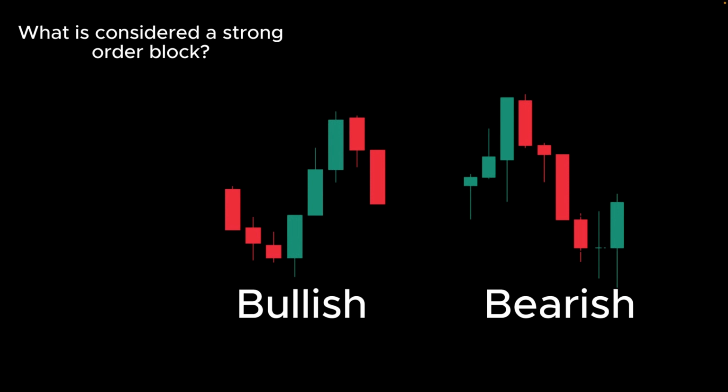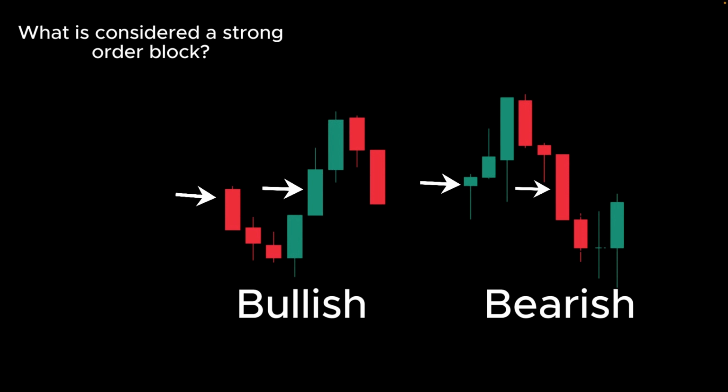So what is considered a strong order block? If we have a fair value gap overlapping the mitigation zone we've just gone over, then this will be considered a really strong order block. Now again, there are many different variations to what makes an order block strong, but I'm only going to include this one for now simply because we went over fair value gaps in the previous video.